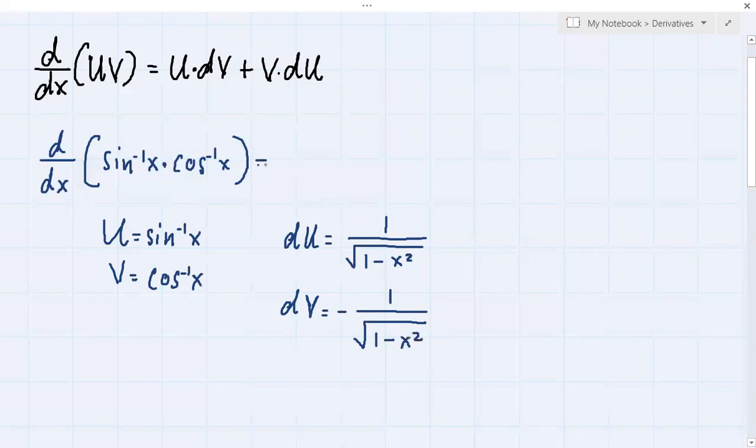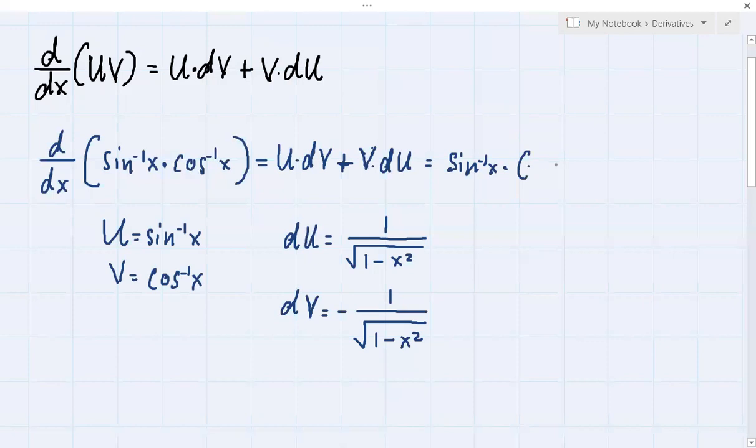So now let's substitute in the formula. Ang formula rito ay u dv plus v du. Alright? u dv plus v du. Okay. So substitute natin si u. So yung u natin ay si arc sine, di ba?